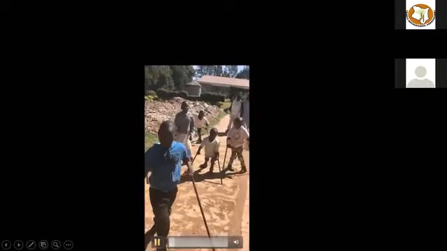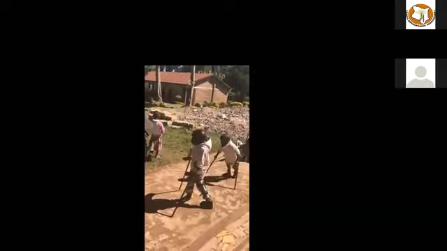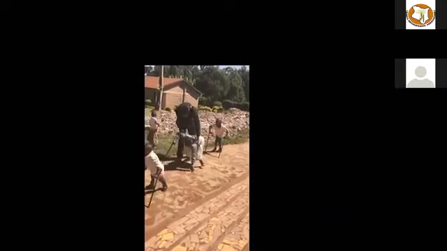That first slide, of course, shows the children we commonly see, how they walk, the energy expenditure, and that's Dr. Mulerwa trying to help one of them.